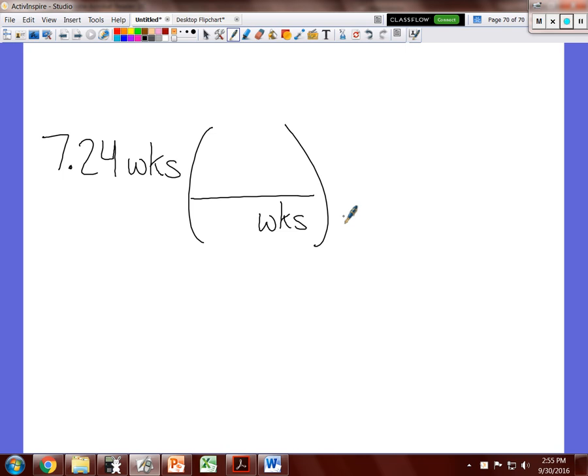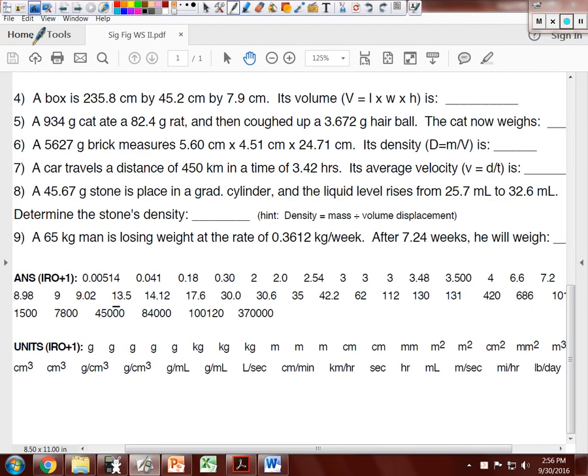Now, this is where it gets kind of weird, and this is where you have to think through what's going on. I'm going back to the question: is there a way to go from weeks to kilograms? Yes, and it's right here. This is what is called a ratio. Write that word underneath that little piece of information. It's called a ratio.